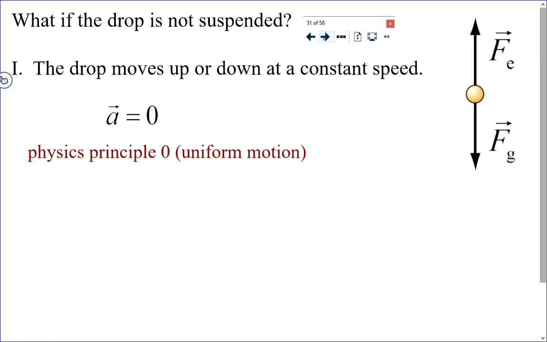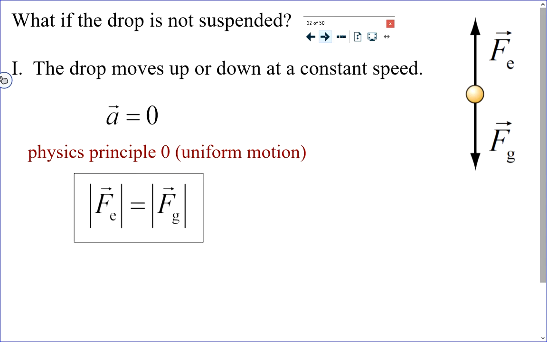Some people will say, well, but if it's moving up, shouldn't the force up be greater? And the answer to that question is no, because if the force up were greater, it would be moving up, but it would also be increasing its velocity up. So since it's moving at a constant velocity, those two forces are equal. So what will the analysis look like here?